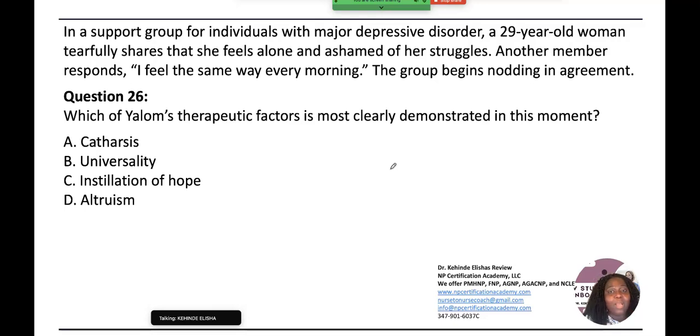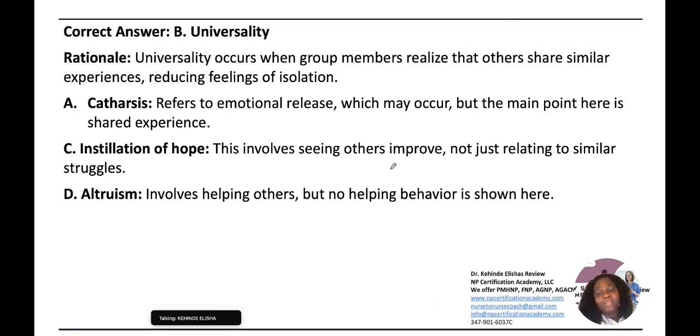Whatever you're going through right now, we're going through the same. You are not alone. Universality. B, final answer. Universality occurs when group members realize that others share similar experiences, reducing feelings of isolation. Catharsis refers to emotional release, which may occur, but the main point here is shared experience.